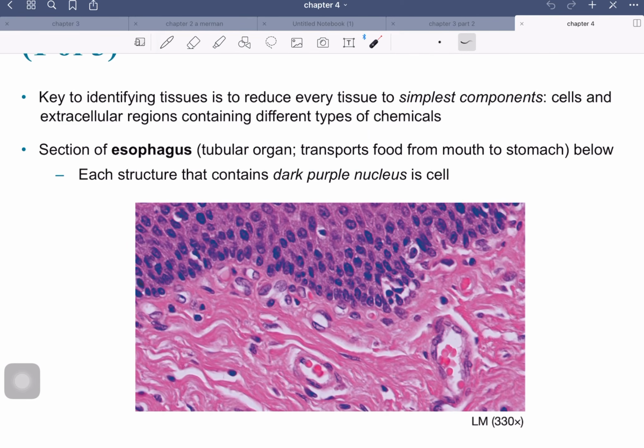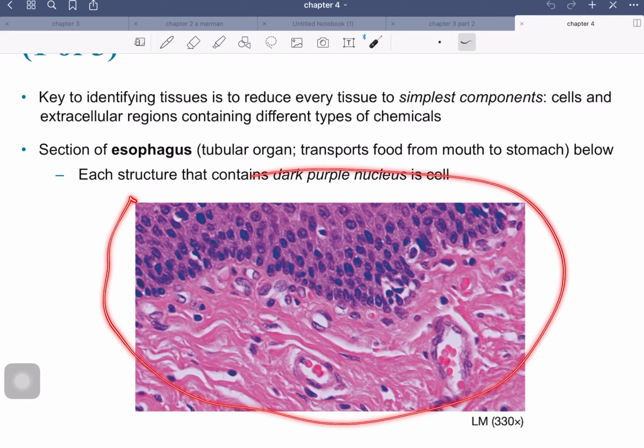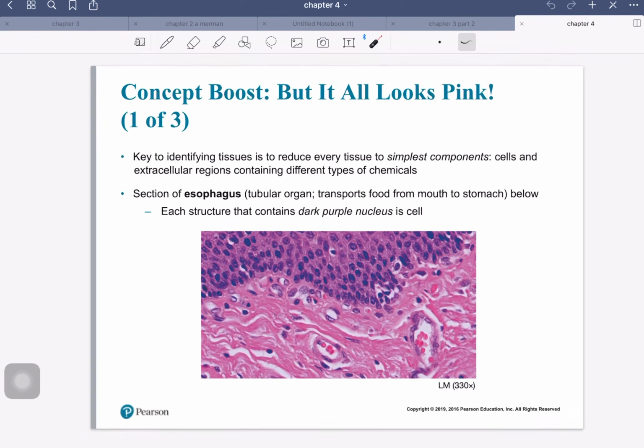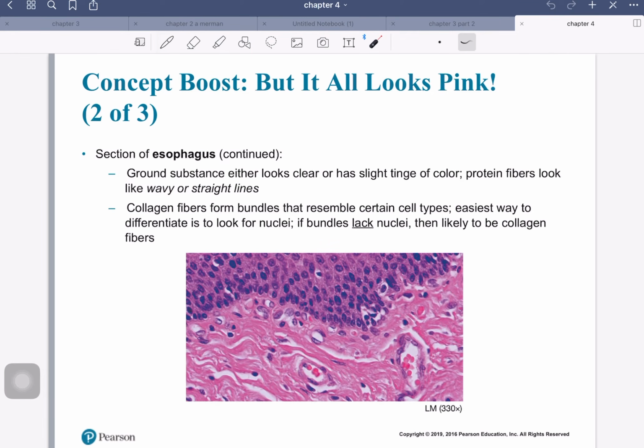At first, as I said, it's really daunting because you're looking at what looks like a mess. But after a while, if you know the key identifying features, and that's the big thing, that will help you start to understand and recognize what you're looking at. Here they're using an example of the esophagus, and I'm not going to walk through it in great detail, but you can actually see these are huge bundles of collagen in there.